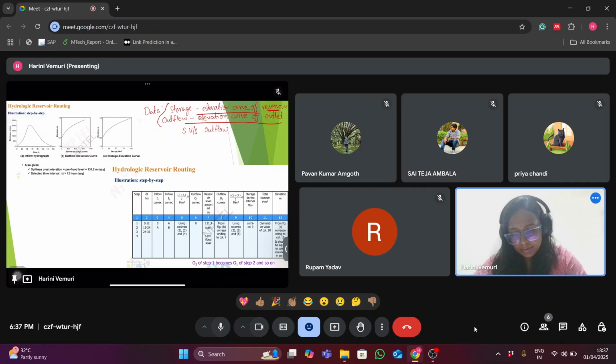Since this is hydrological routing, if you remember, the equation we have written is (I1 plus I2) by 2 into delta T minus (O1 plus O2) by 2 into delta T is equal to S2 minus S1.